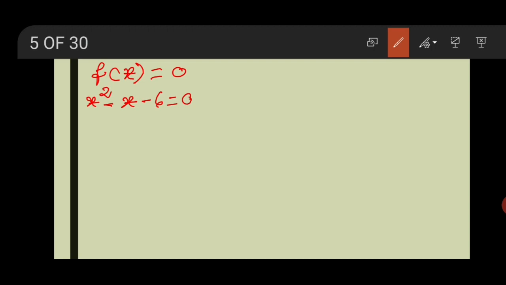Factorize the trinomial in this way. Product of first and last term is equal to minus 6x square. Now on multiplication of which numbers will we get 6 as the product and difference as middle term, that is 1. Which are the two numbers? 2 and 3. Yes, 2 3s are 6 and difference of 3 and 2 is 1.